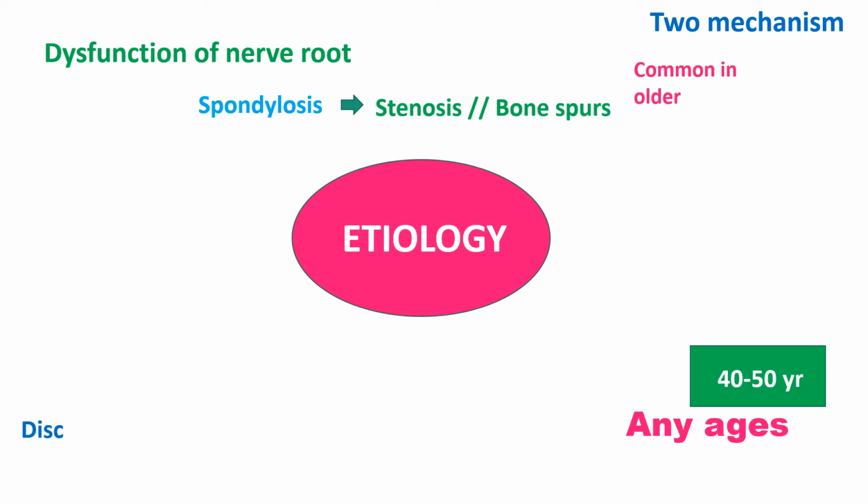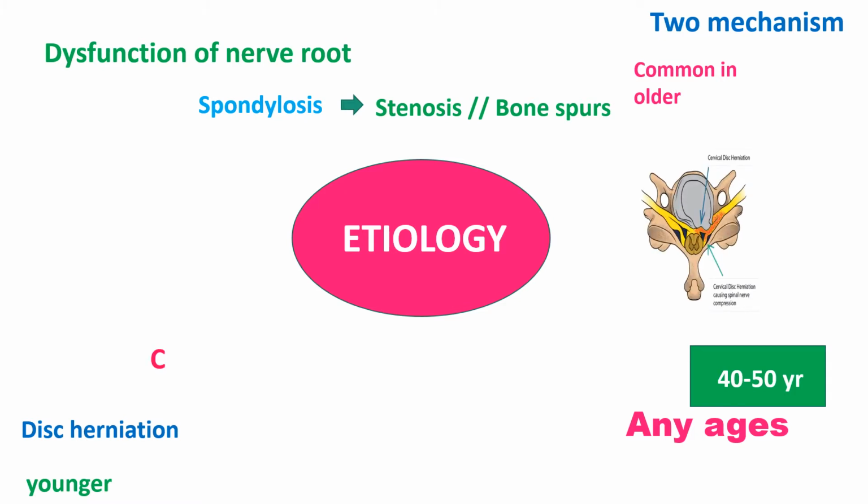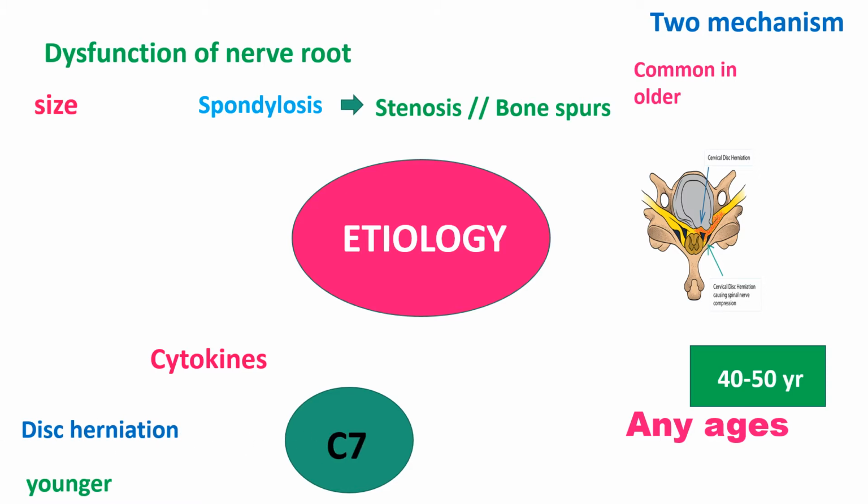The second is disc herniation, which is common in younger patients. Nerve root compression and the cytokines released from the damaged intervertebral discs cause pain and cervical radiculopathy. The most common level of root compression is C7, followed by C5 and C6.